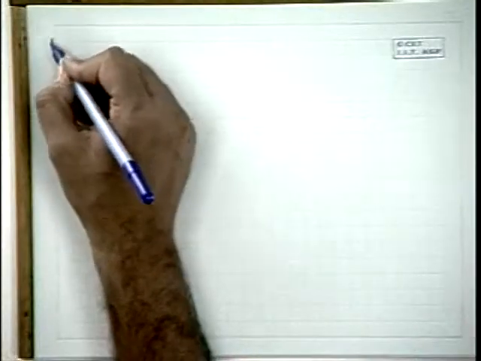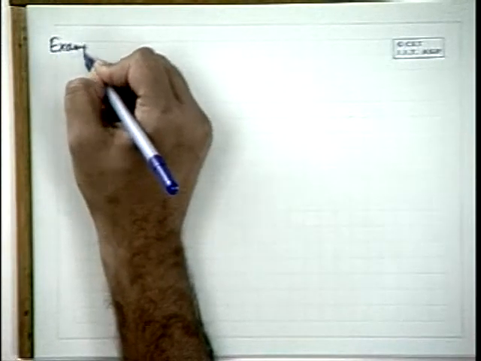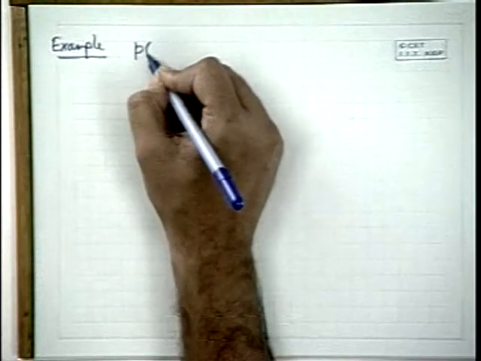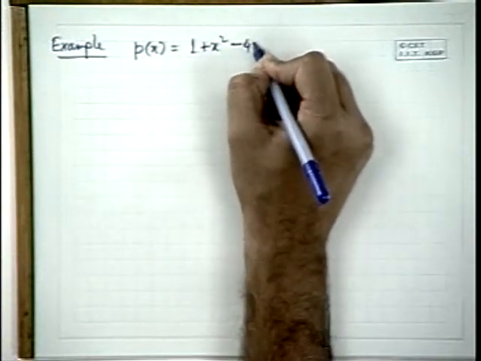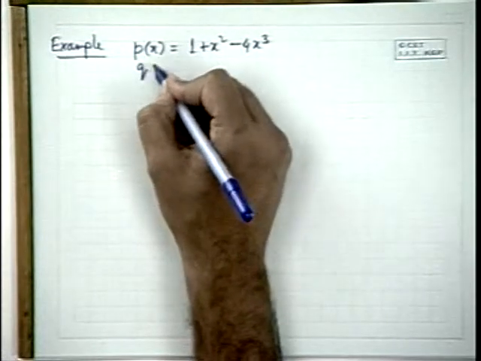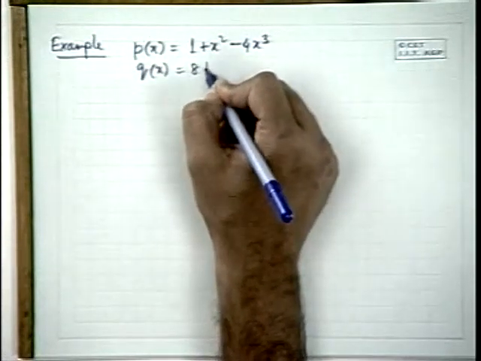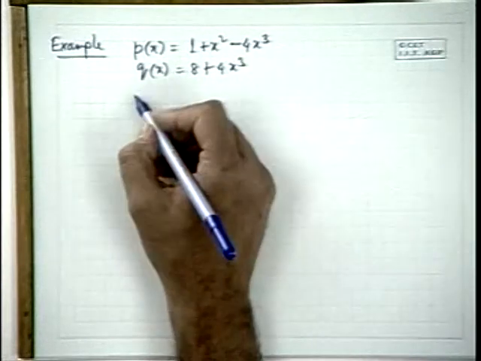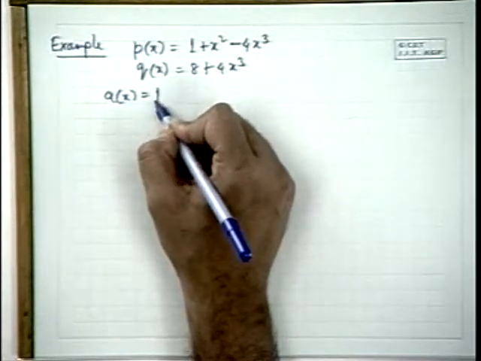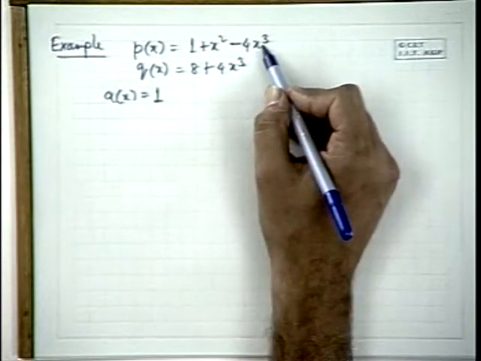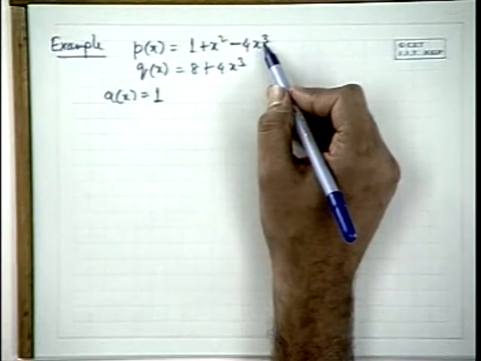For the time being, let us take an example of what is happening using this strategy. Say Px is equal to 1 plus x square minus 4x cube, and say Qx is 8 plus 4x cube. Then according to our definition, what is your n? n is 4. n over 2 is 2.